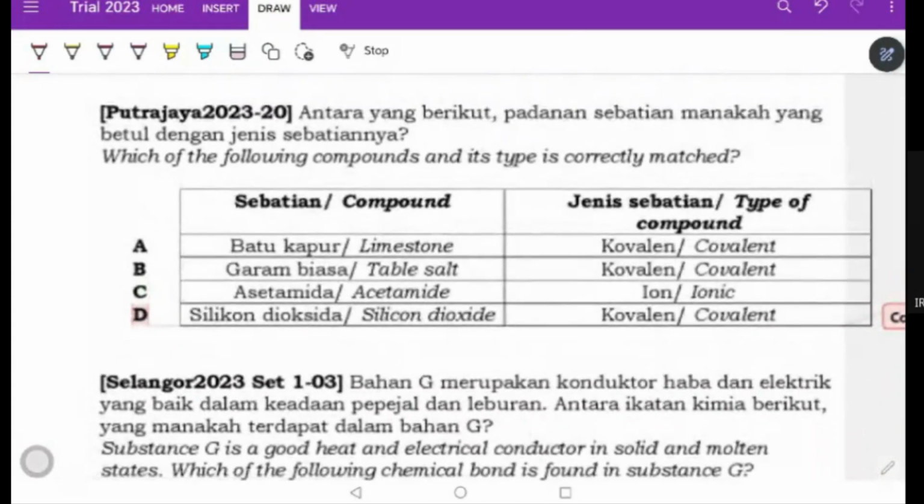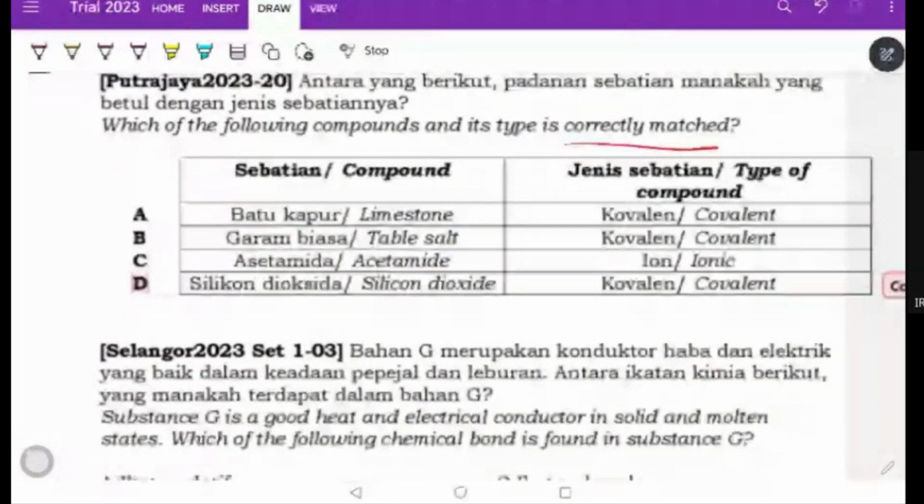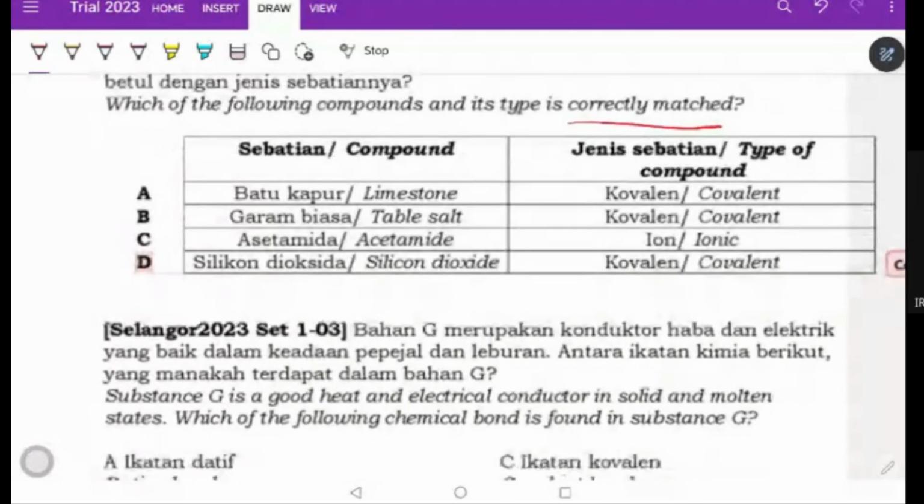Okay, next. Limestone, table salt, acetamide, silicon dioxide. Which one is correct? Limestone is what class? Can anyone find?